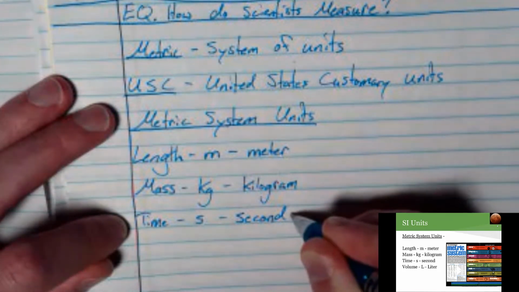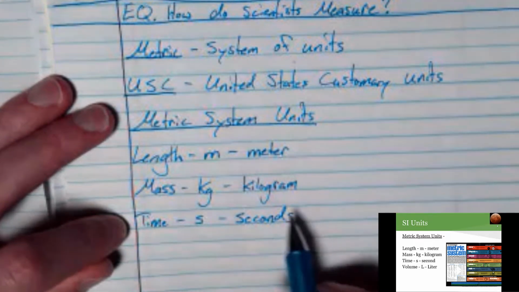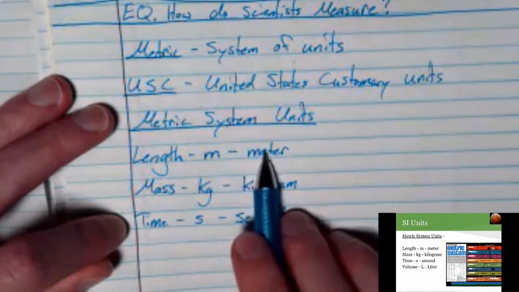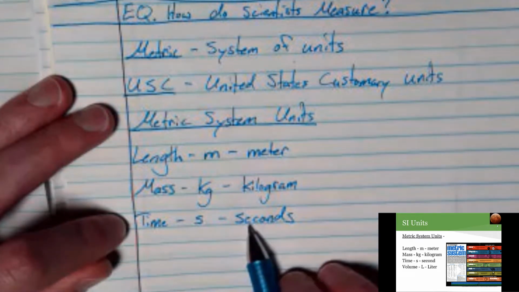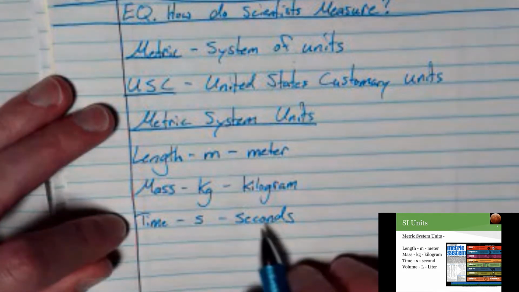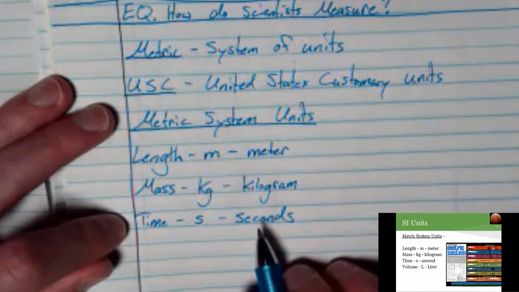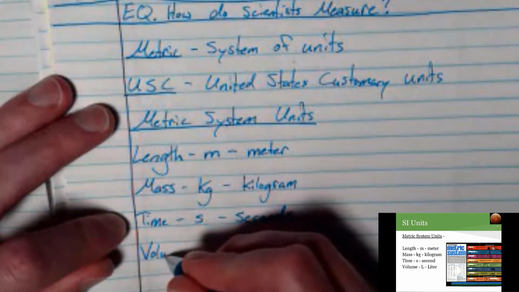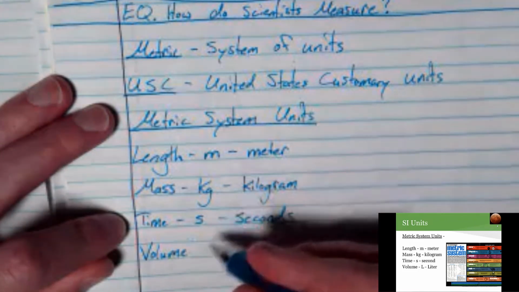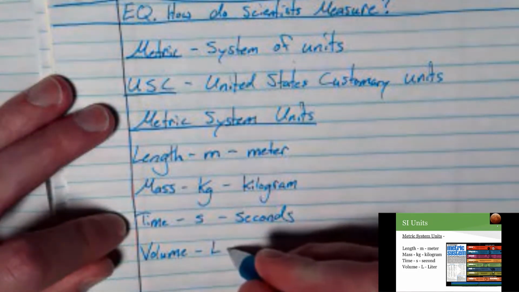Now, obviously, there are branches off of these. So, like, I could put just regular gram or kilometer or millimeter. Seconds, we could do nanoseconds. I've never heard kiloseconds, but we do minutes and hours and stuff like that. And then volume, which we would use a liter.